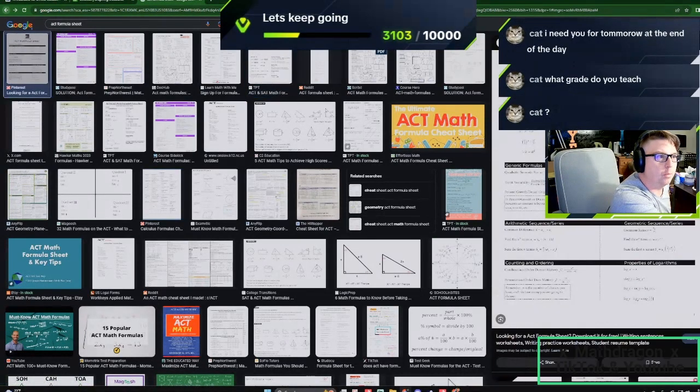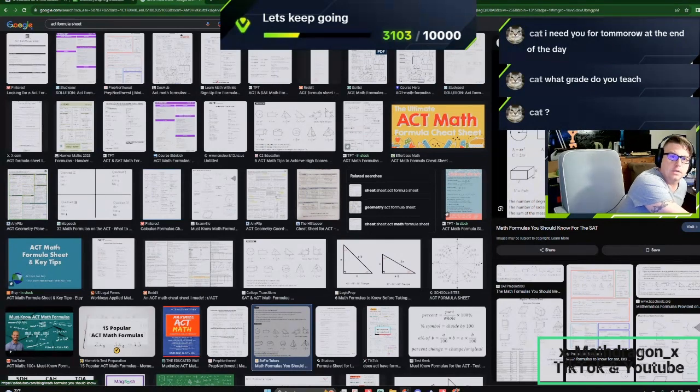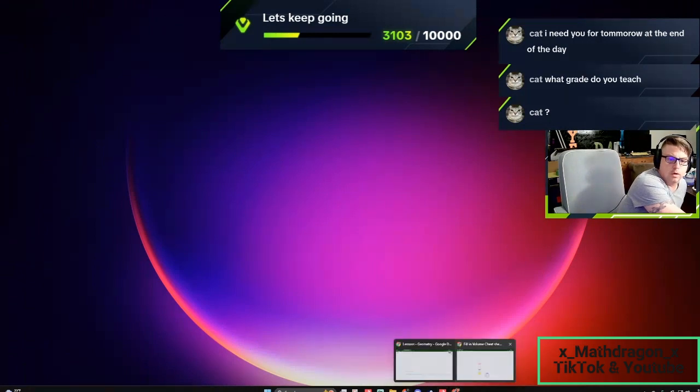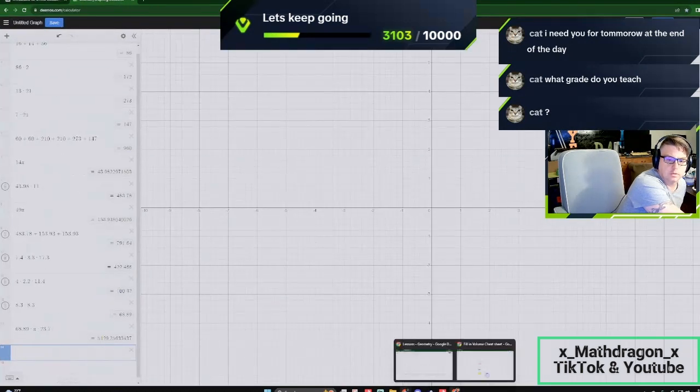See, sometimes you got to weed through the stuff. I just know what it looks like on the SAT because we give it in Michigan. This is usually your standard sheet that you get. But as you can see, the formula is there. Did I just close? Okay, I didn't screw up.